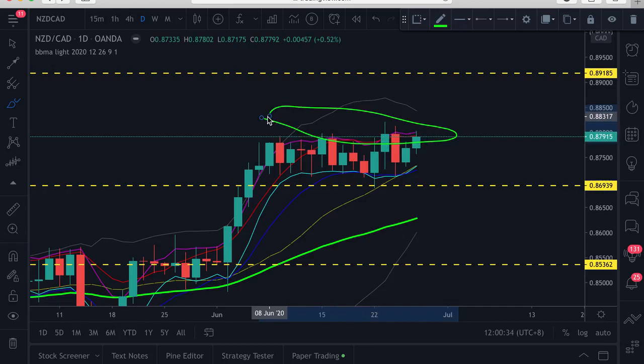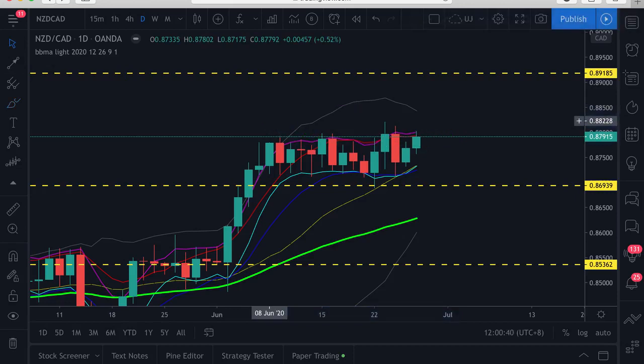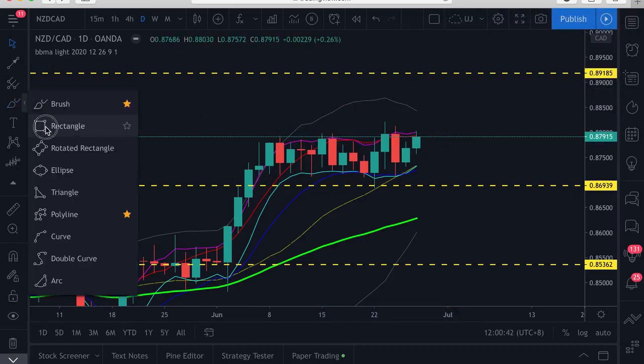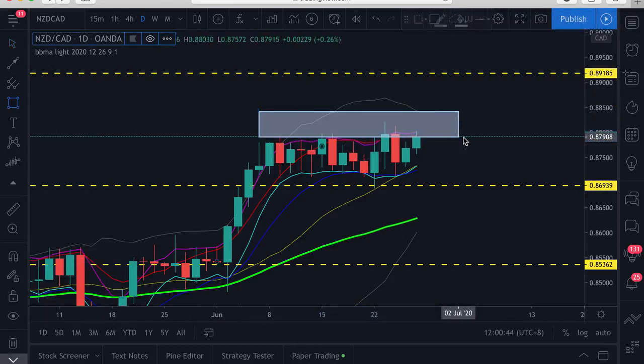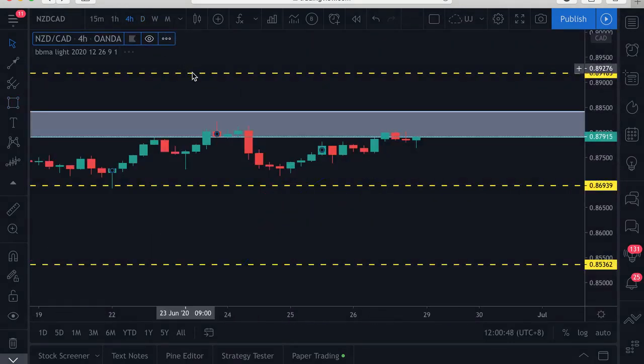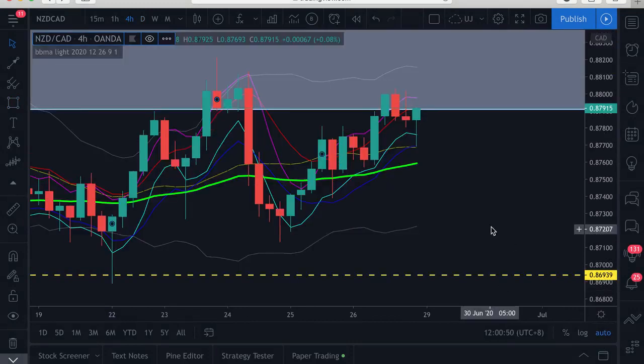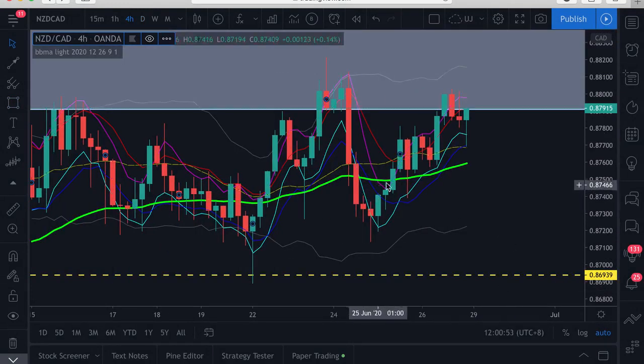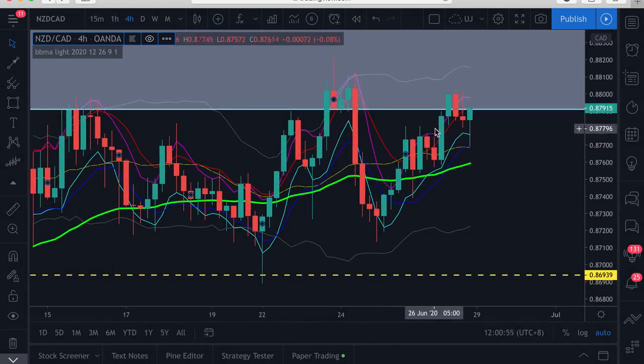Okay, sorry, I'm going to delete this. I meant to draw this box here. So this is a MHV zone in D1, and on H4 we can see that price is also currently making a MHV sell. Okay, price went up but did not close above the top BB after this extreme.